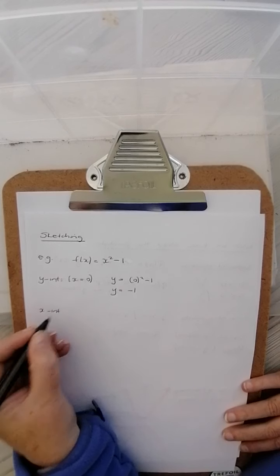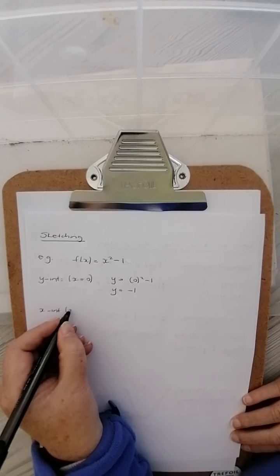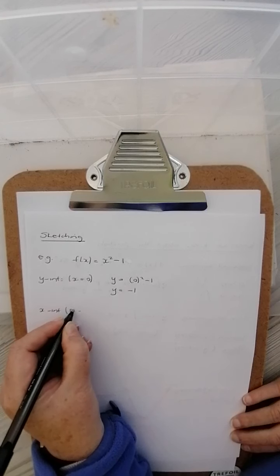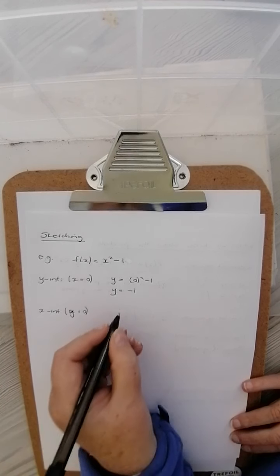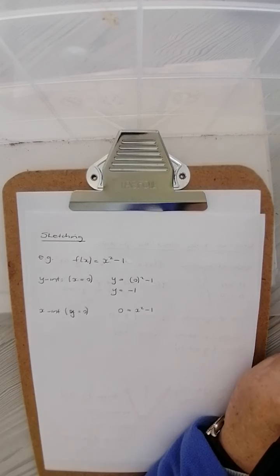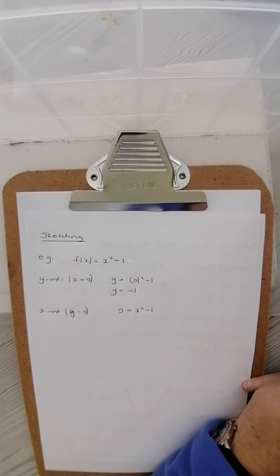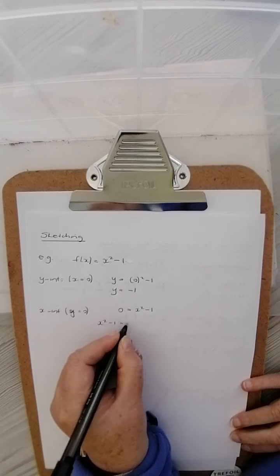You also have an x-intercept. That's when you make y equal to 0. So now you have 0 equals x squared minus 1. What do we do with x squared minus 1? I'm just going to rewrite it like this.